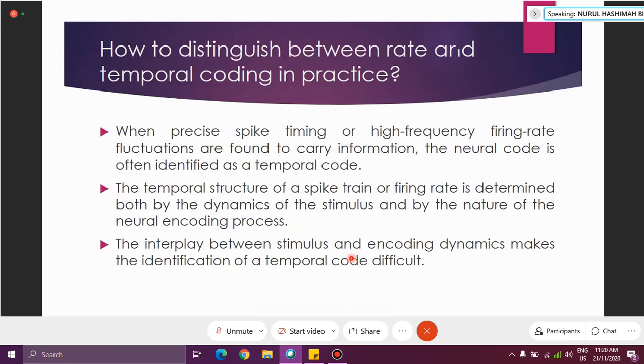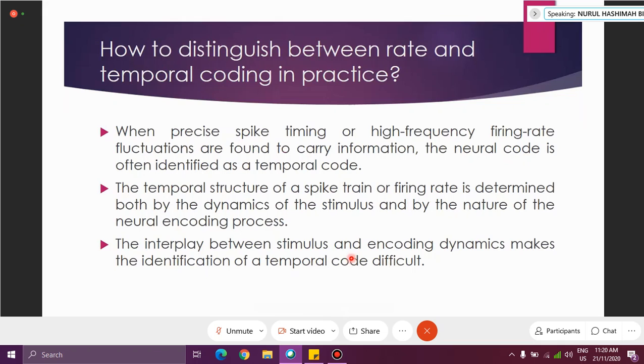So how to distinguish between rate and temporal coding in practice? When precise spike timing or high frequency firing rates are found to carry information, the neural code is often identified as a temporal code. So the spike carries information.